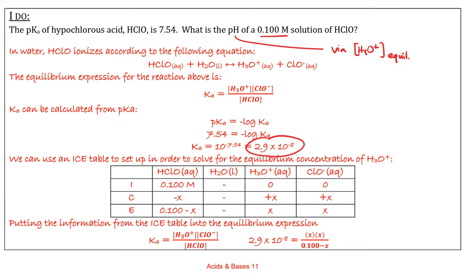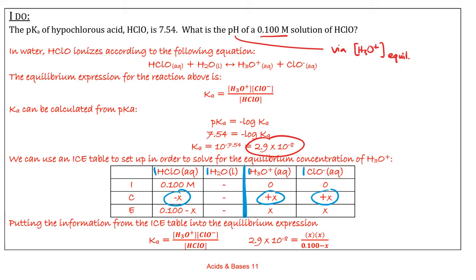And then as we fill in our rice table, you see here that the values are filled in just like we're used to doing. We've got a minus x, a plus x, and a plus x to represent that 1 to 1 to 1 in the reaction equation. We've left water out. We don't care about water. And as always, if we start out with zeros on the right-hand side, as we do here for the H3O and the conjugate base, the only way they can go is up.